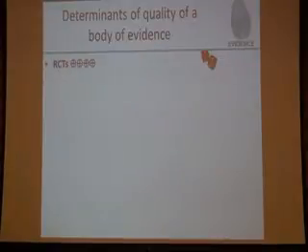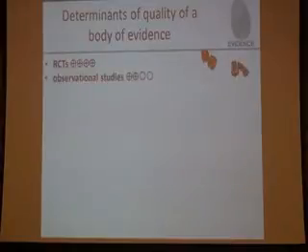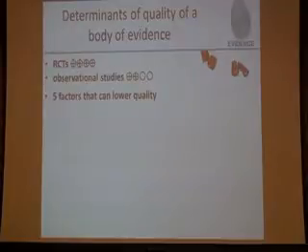If we have RCTs, we say that we start with high quality for treatment. I'm now in the treatment and screening field. So RCTs, high quality; observational studies, well, we start at a lower level. We know that there's residual confounding. It would be different if we were talking of prognosis. Observational starts high there. Then we have 5 factors that can lower quality.